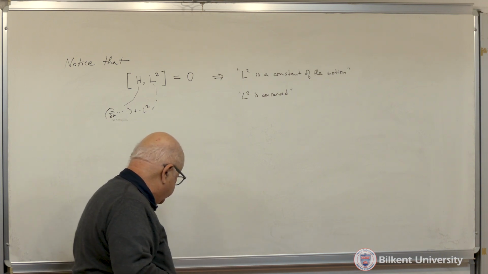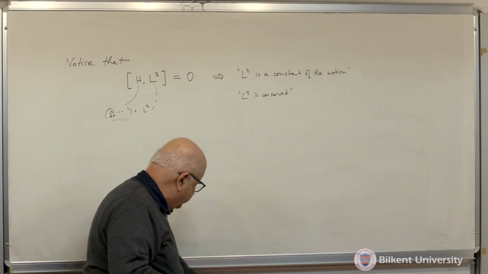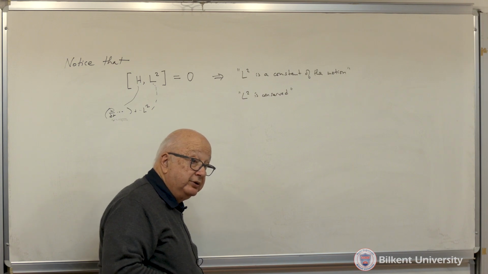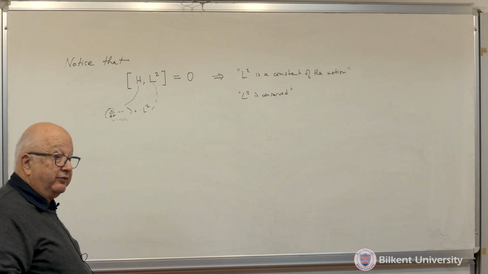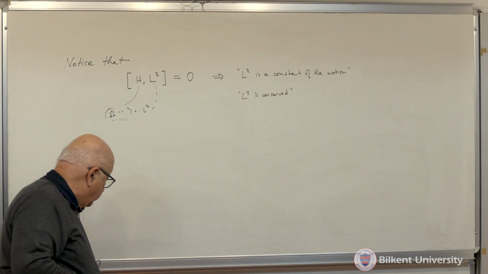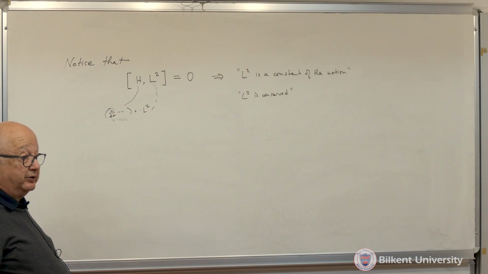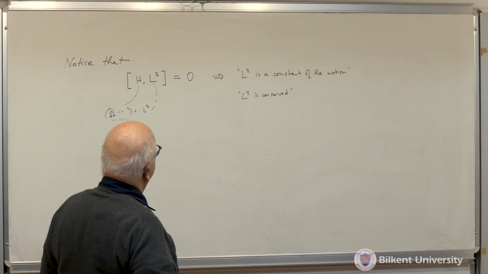They are over here. L squared is this thing without the R squared. It contains only thetas and phis. Similarly, the R part is something like this, which contains no thetas and phis.